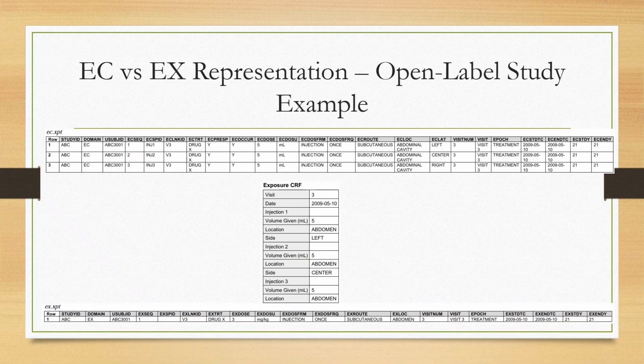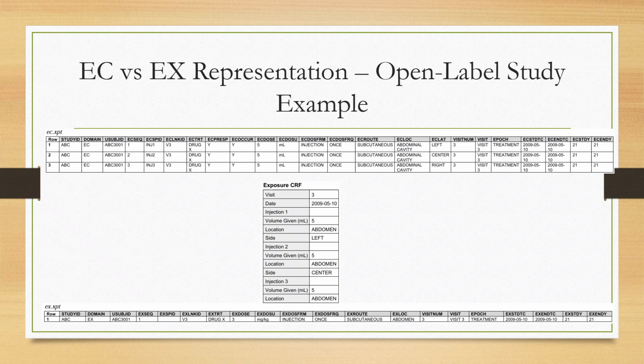In EX domain, for this subject, there will be only one record, and it will have the information of EXTRT as the same, which is drug X, because we are giving the subject the drug X here. And as it is mentioned in the protocol that each subject should be given 3 mg per kg of the study drug, you can see that in EX dose we have the value of 3 and the dose unit is mg per kg.